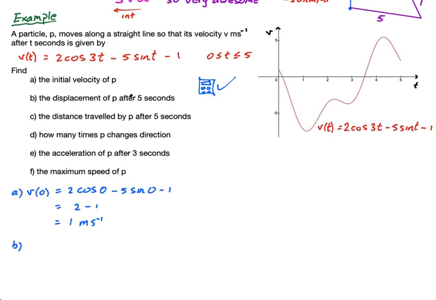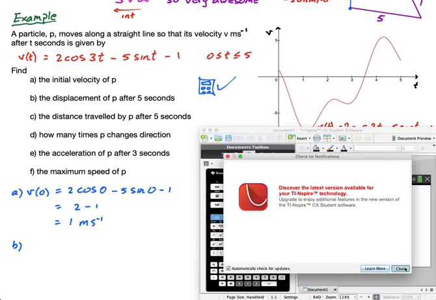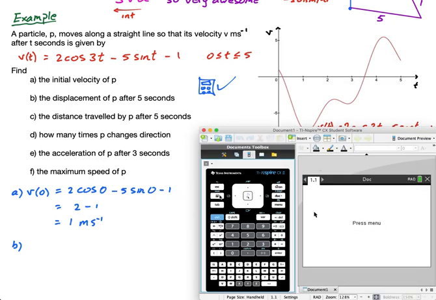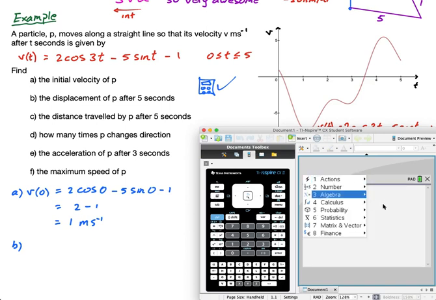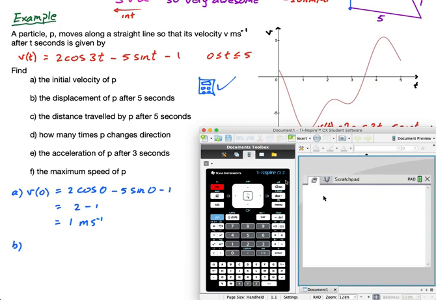Okay, let's do part B. The displacement of P after 5 seconds. So let me just get out this calculator. Right, I'm actually going to graph this function here.